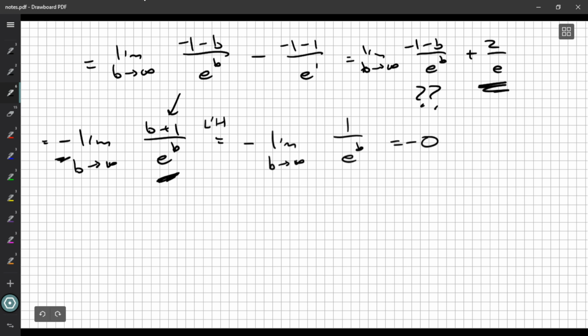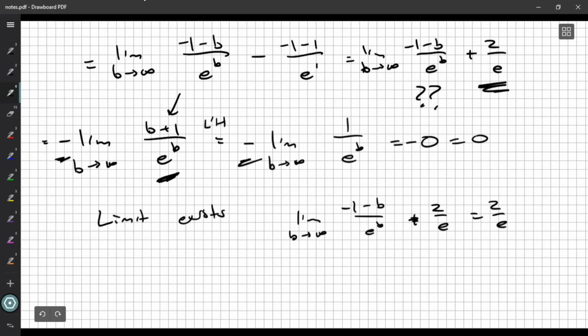So technically it's minus 0, but still 0. Okay, so the limit exists. In fact, quite specifically, this limit is just 2 over e.